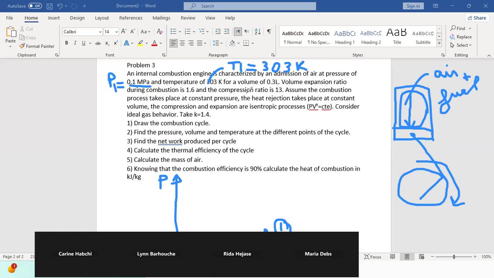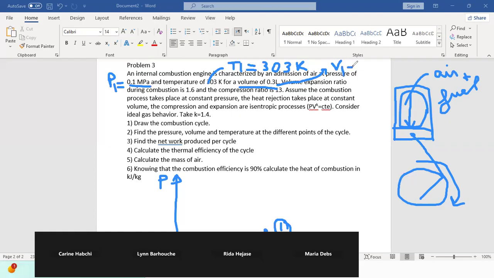And we have the volume at this point, which is also given. So we can transform it to meter cube. So it's 0.3 times 10 to the power minus 3 meter cube.